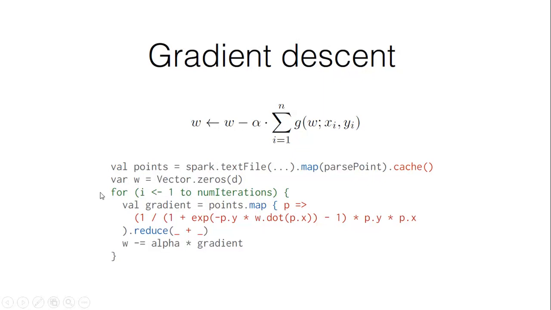And here is the interesting part. Here you are iterating several times, but each time all you do is you grab this data frame or RDD and you apply this map, which basically takes each input point and calculates the gradient, the gradient value, and then you reduce it.